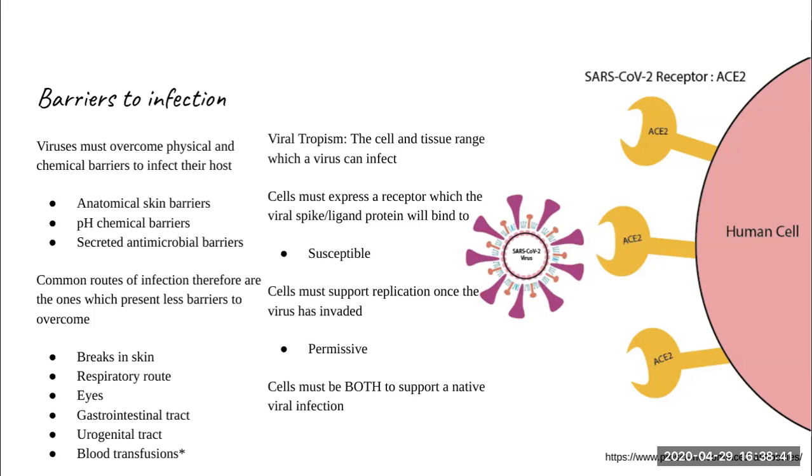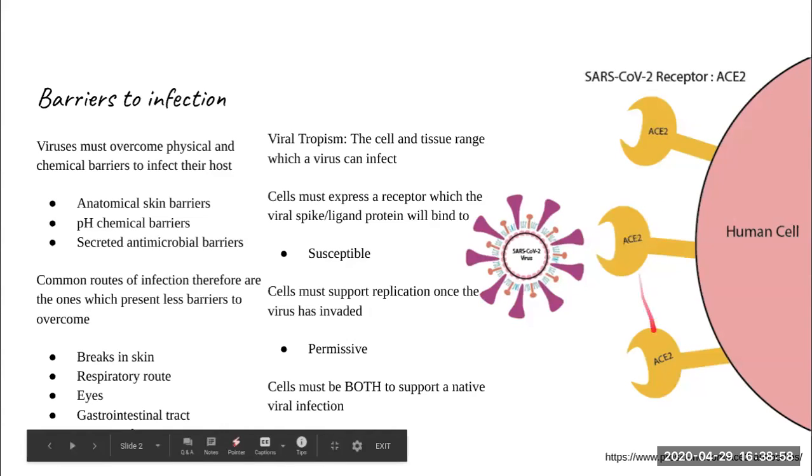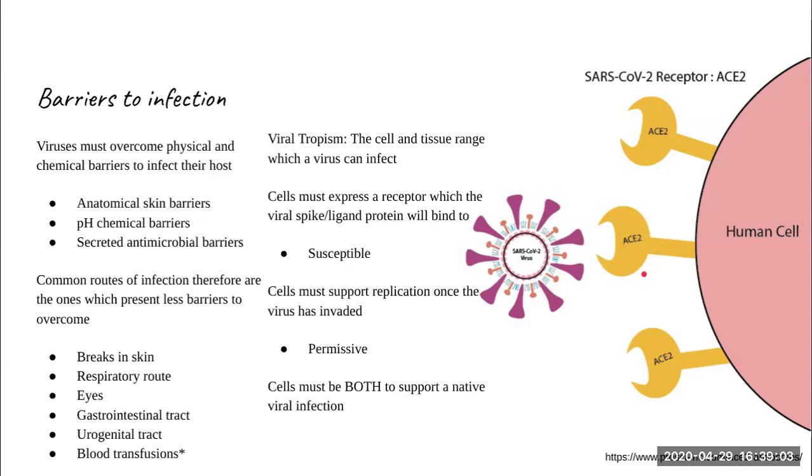So for a cell to be susceptible to infection, it must express the receptor which the virus needs to bind to. Using the example of SARS-CoV-2 here, we have the human cell which the virus wants to get into, and its receptor is the ACE2 receptor. It's a natural, host-made receptor, and it's required for normal physiology.